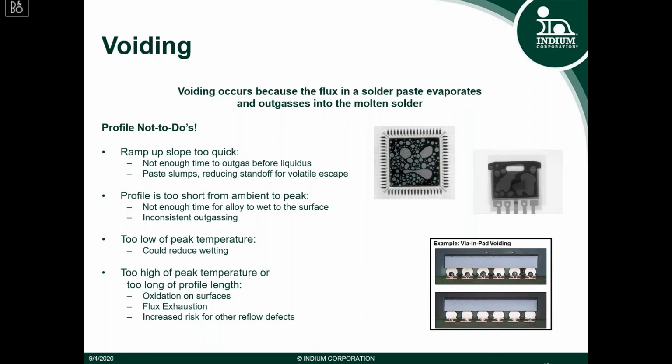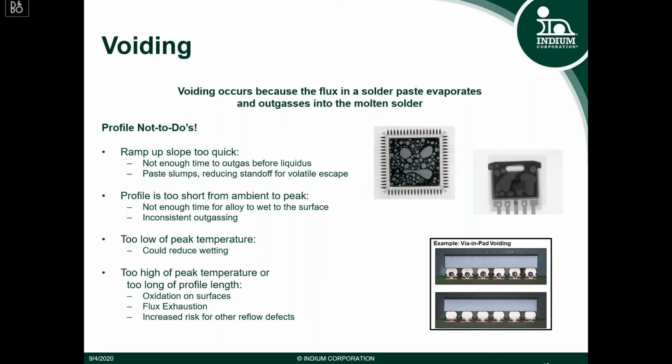What you don't want to do for profiling, in the case of voiding, is have a ramp up rate that is too fast. What this can do is it could disallow the flux to outgas. It won't give it enough time to outgas before the solder becomes molten, before it surpasses the liquidus.